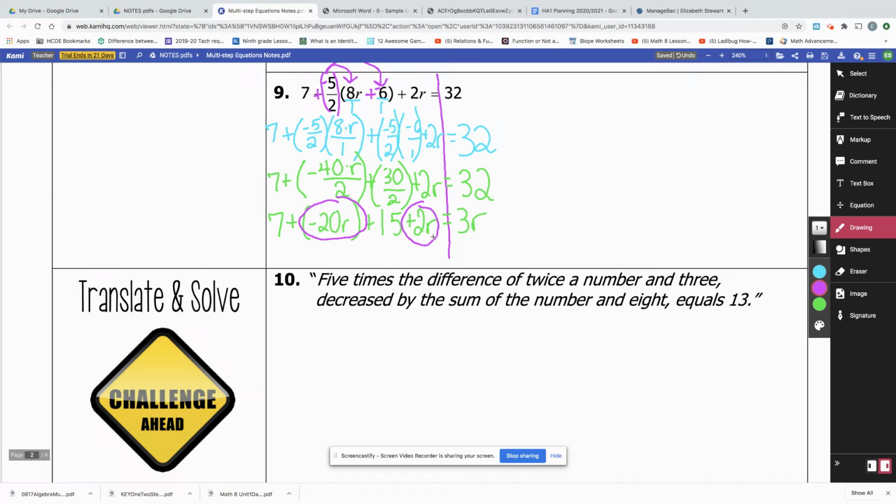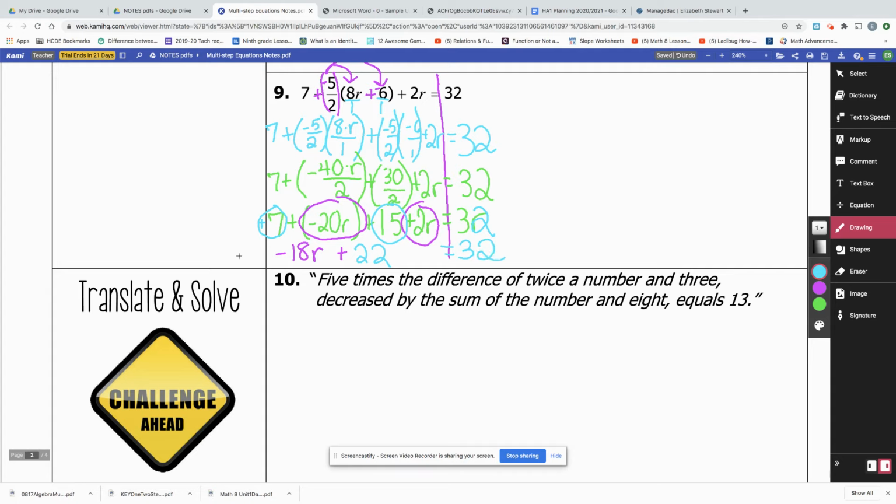If I use the commutative and associative properties, those combine to be negative 18 times r. And then I've also got 7 and 15. 7 is positive, so that becomes plus 22 equals, I had a mistake here earlier, that's 32.